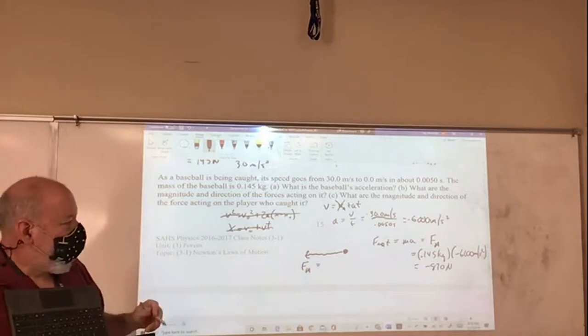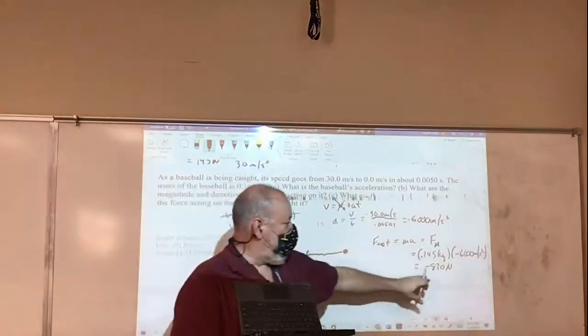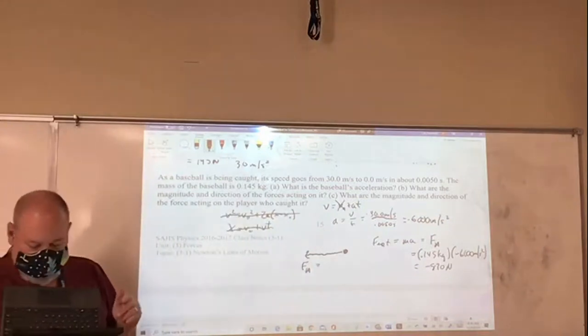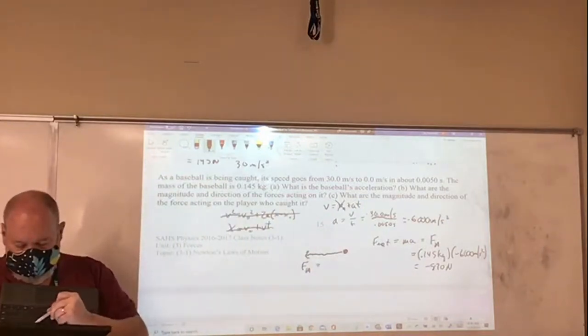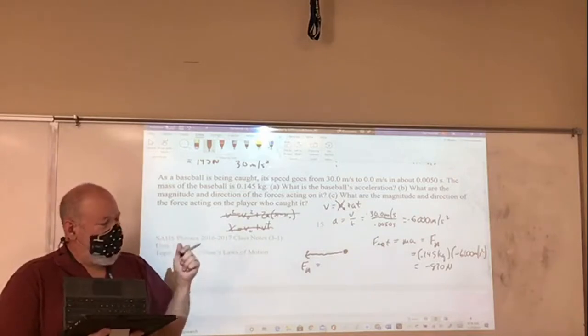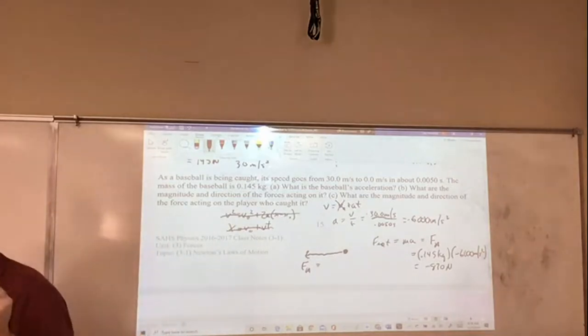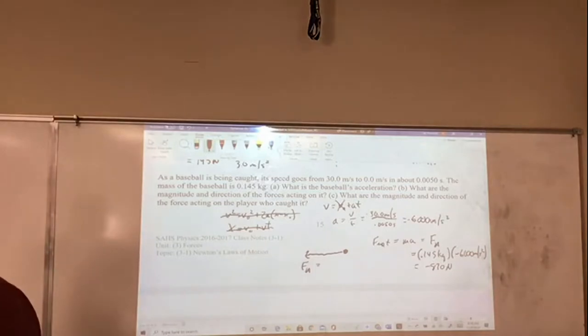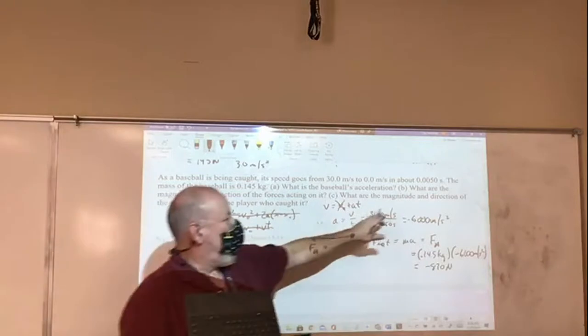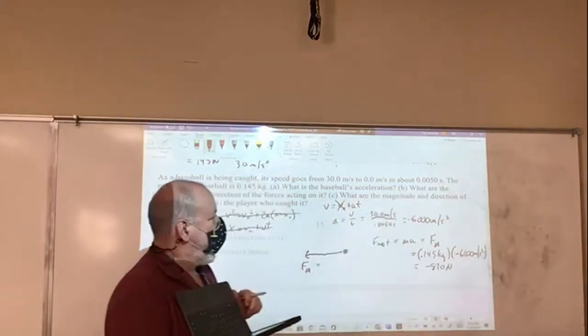Okay, and it's not a negative number right here. It's 870 newtons in the negative direction. Okay, so the catcher applies a force of 870 newtons on the baseball in order to stop it from 30 meters per second in 0.005 seconds.